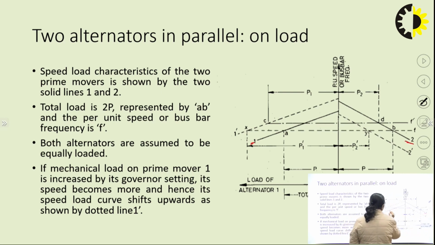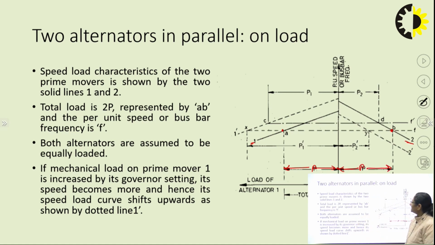This is representing the total load shared by two alternators which are connected in parallel. We are assuming that load P is shared by alternator 1 and load P is shared by alternator 2. So, the two alternators share a total load of 2P, and they are assumed to be equally loaded.